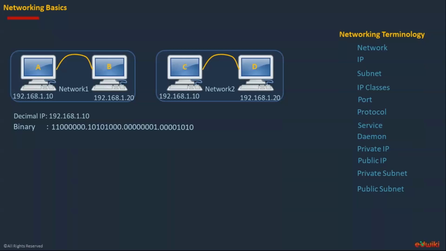Once you decide your IP and give this IP to the server, then when it comes to server communication, let's say server A is trying to connect to server B, of course, the IP address is 192.168.1.20 in this case. But when it comes to the communication, your decimal formatted IP address will be converted into a binary formatted IP address behind the screen automatically.